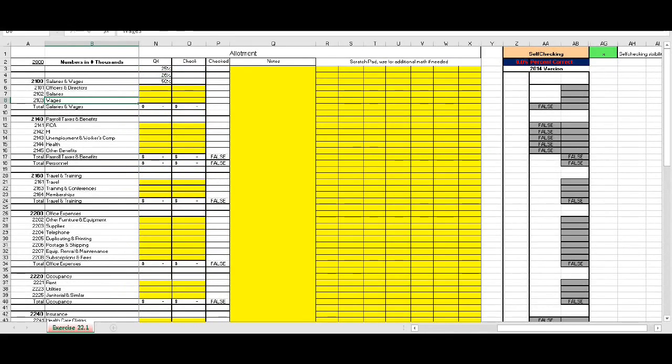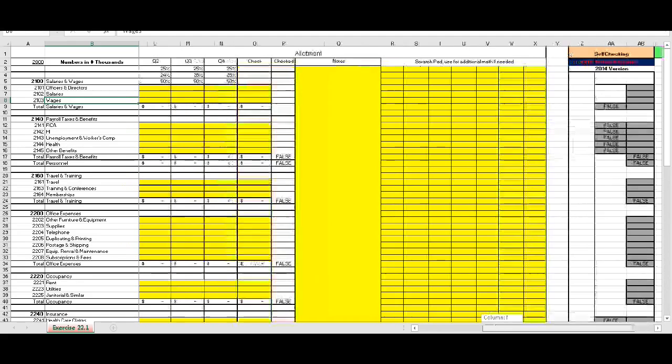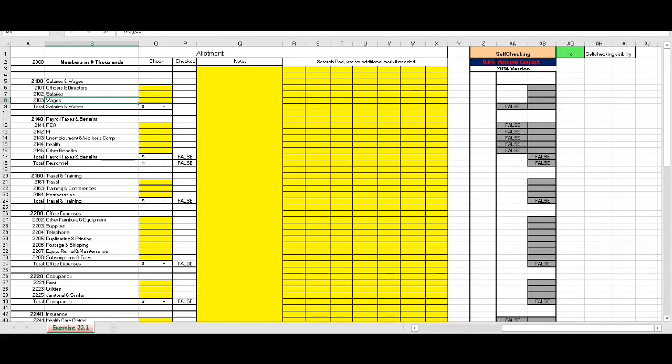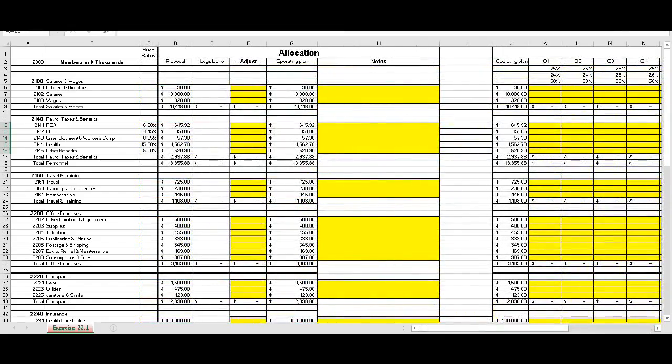The scratch pad notes and things like that are really not that big a deal. And over here, some of the self-checking, especially in this section, is probably going to show false no matter what you do because they changed this. It's looking for the formula I used before, which is not what they did here.